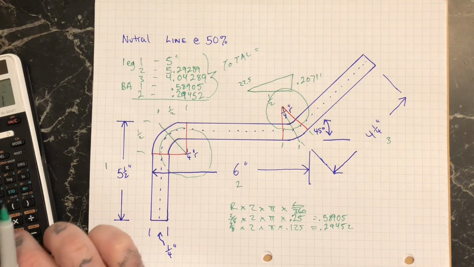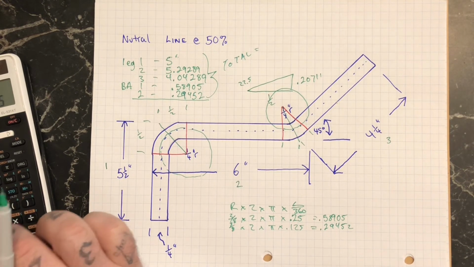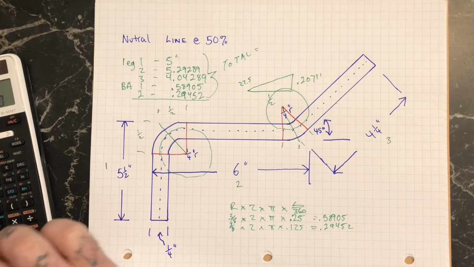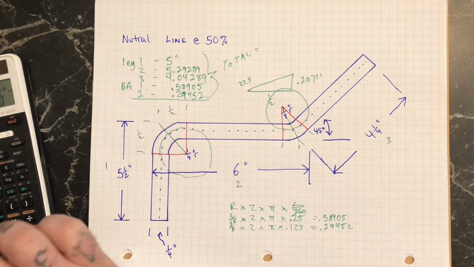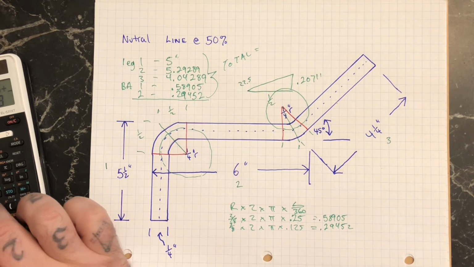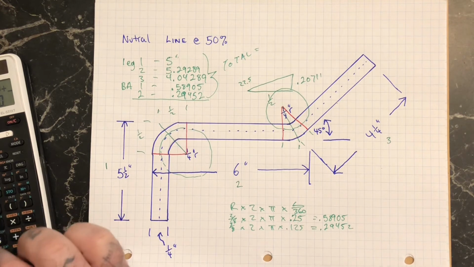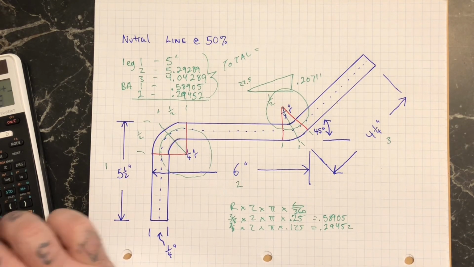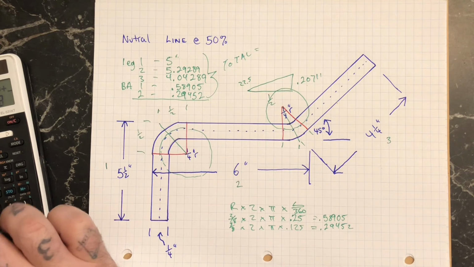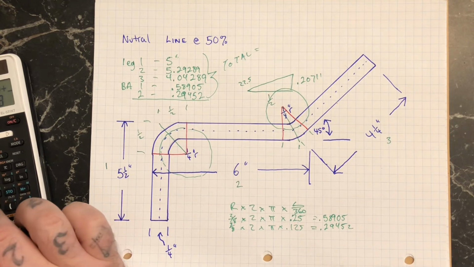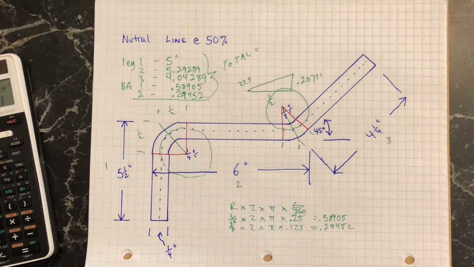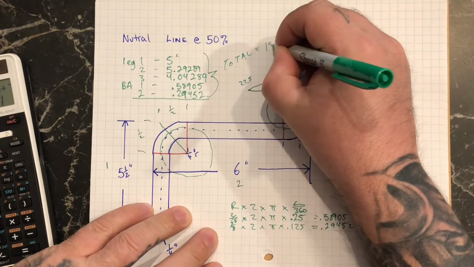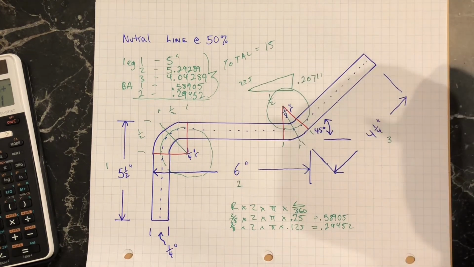All right, so plus 0.58905 plus 4.042889 plus 5.29289 plus 5 equals, so we have a total of 15.2193.